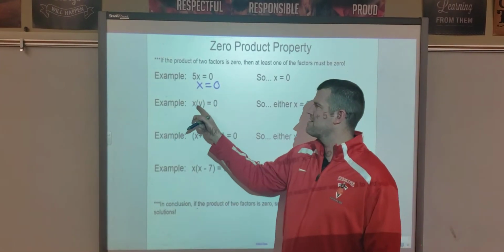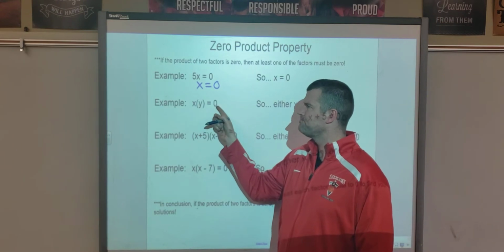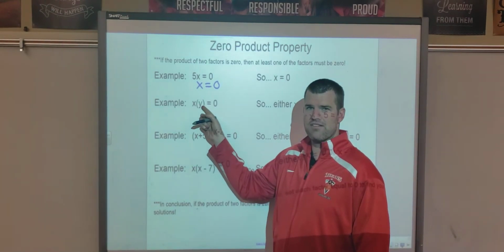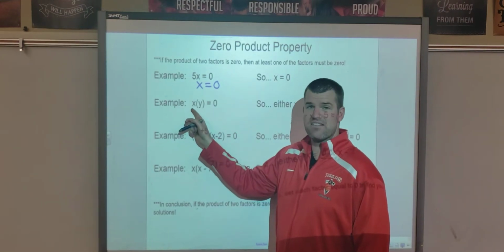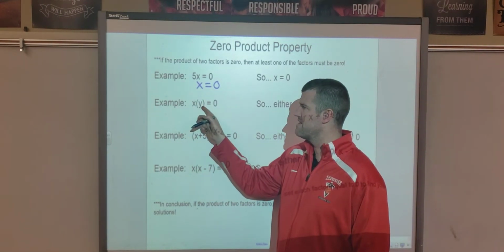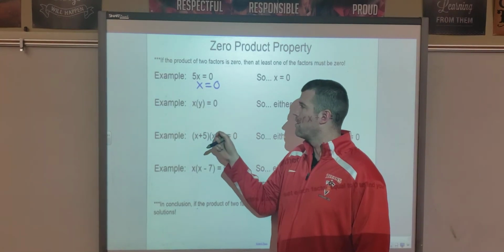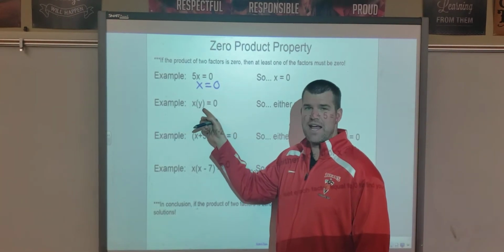So we know that the x in this one would be zero. Likewise, if we do x times y equals 0, I don't know what either number is, but I do know that if they multiply to 0, either the x is 0, or if the x is not 0, the y would have to be 0.